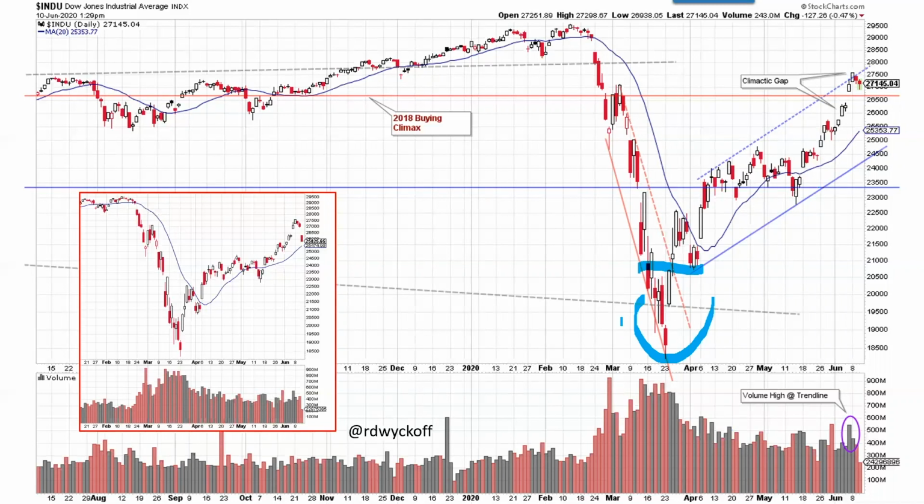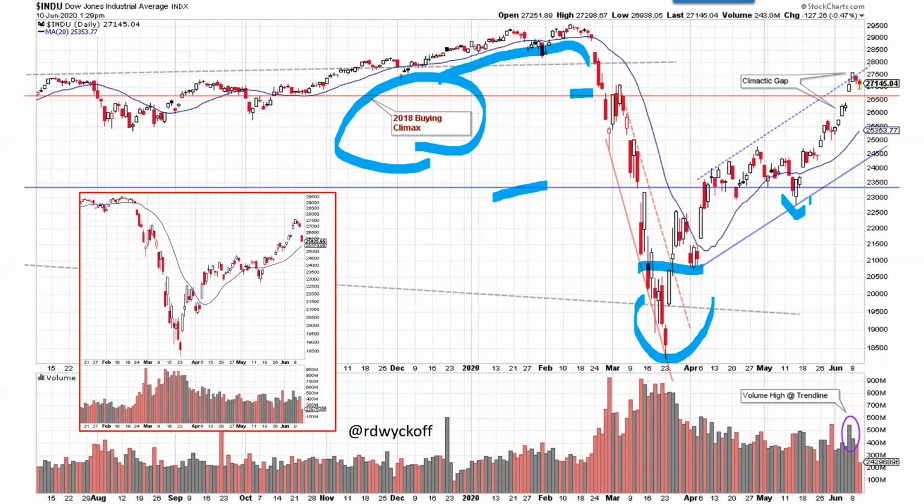So these broadening formations are working beautifully, goes over the top of the broadening formation here, but fails back into it again. And then here is the resistance of the 2018 buying climax. And here is the support line. And notice how the support line comes into play here again, and then the rally up to resistance.